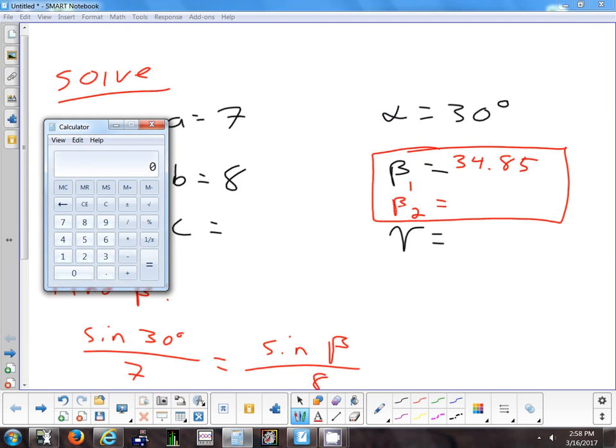Remember what you do with that to get the second answer? Subtract it from 180. So if there's a second answer, it would be 145.15. Does that work?